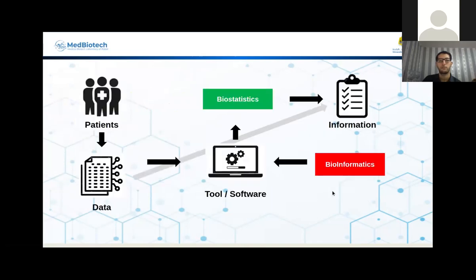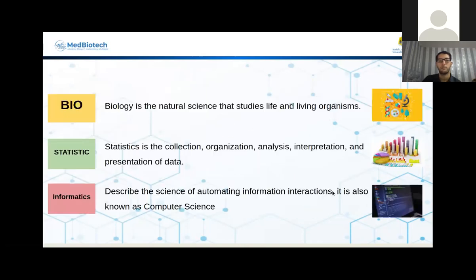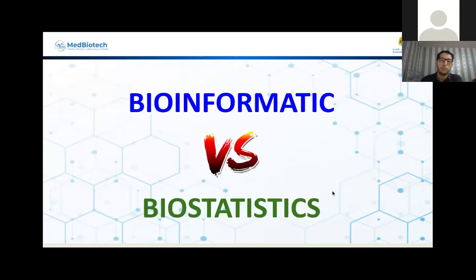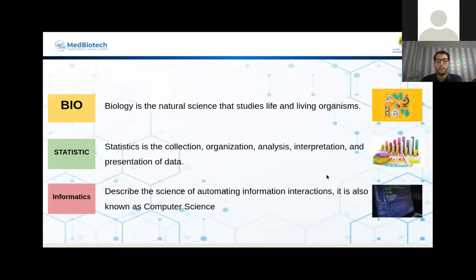Okay, so maybe this is important. When we talk about medical data analysis, we have two branches. The first one is bioinformatics, and the second one is biostatistics. What is the difference? The common part is bio, which comes from biology, which refers to the natural science and the study of living organisms: humans, animals, viruses, etc. The second part can be either statistics or informatics.